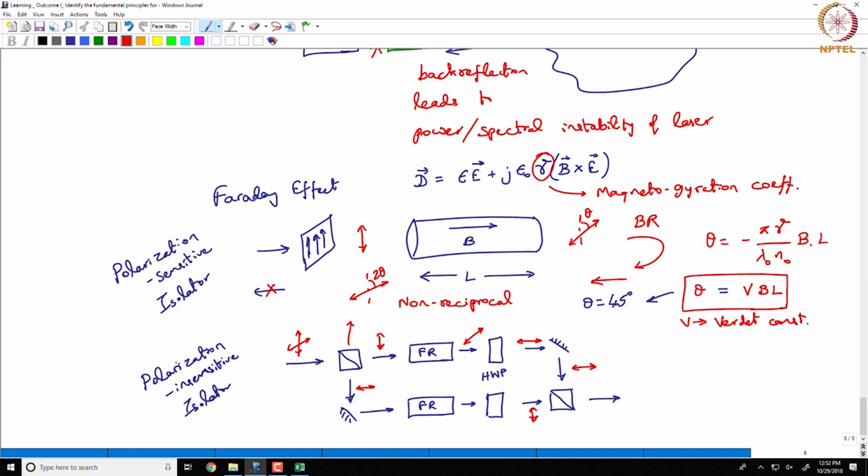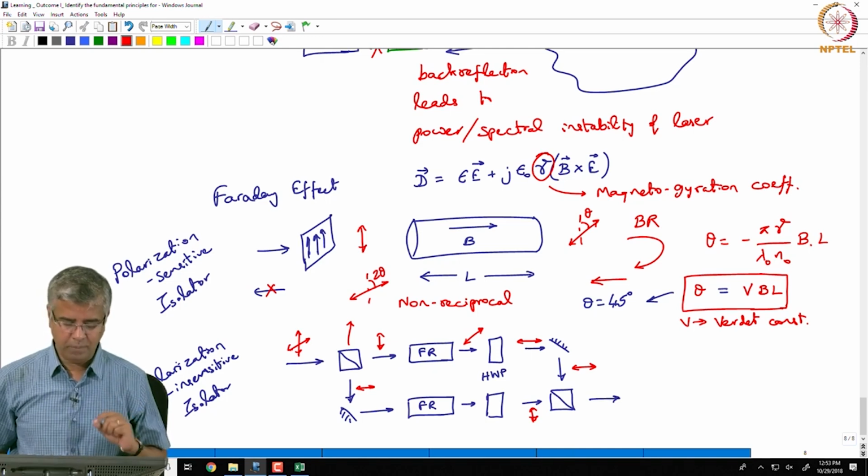Okay, do not go so much into the orientations yet, but just think about it this way, right. In one case if it was reciprocal, it would have actually given you the original polarization itself, and in this case because the magnetic field is opposite, my electric field or the incoming wave is in this direction, but the magnetic field is in this direction. Because of that it is going in the opposite direction. That is essentially the non-reciprocal effect.